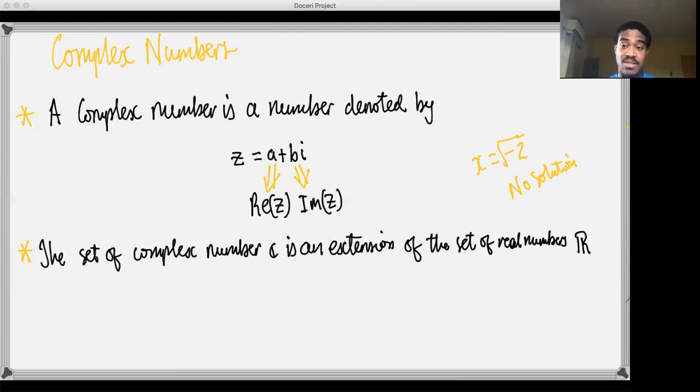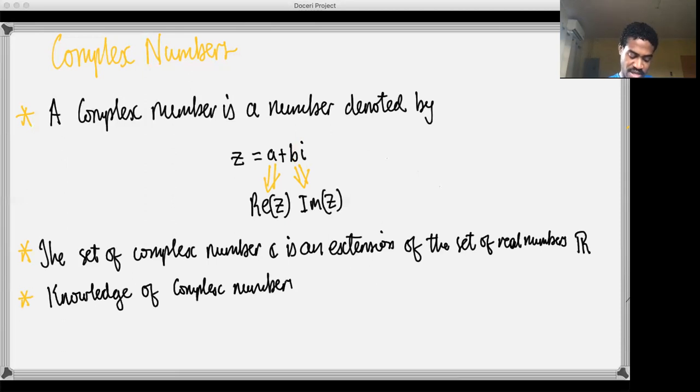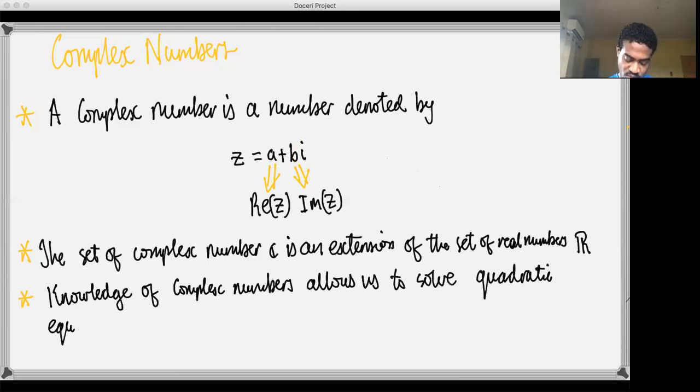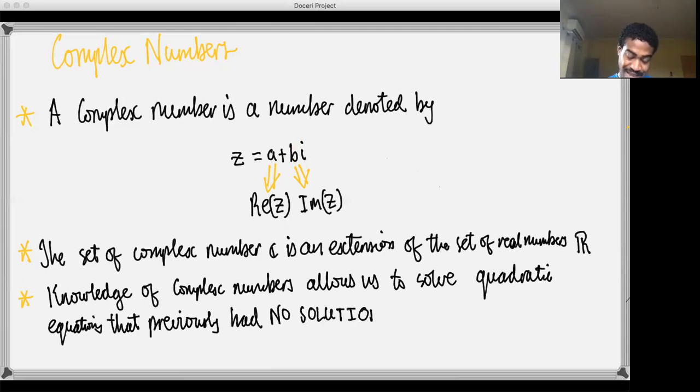But what complex numbers does is it allows us to now find a solution to questions where previously we had no solutions. And how it does it is by the introduction of this i here, which is the imaginary number. And we will look at what it is. So knowledge of complex numbers allows us to solve quadratic equations that previously had no solution, and that's key.